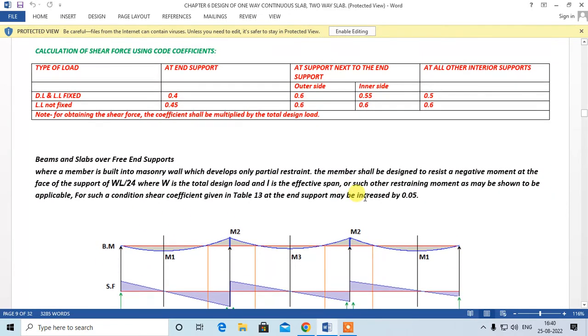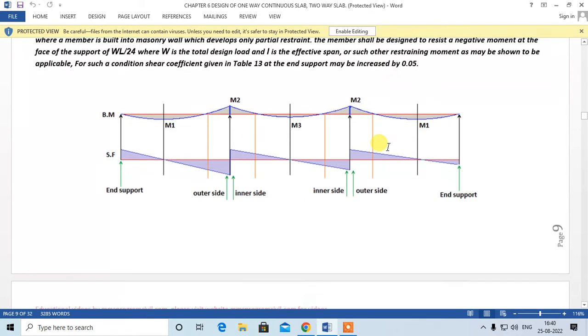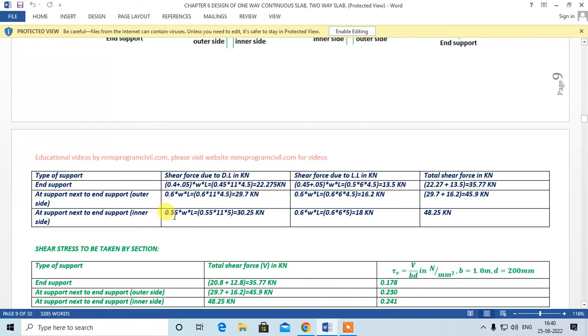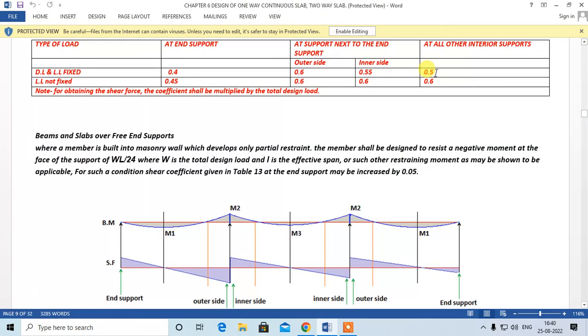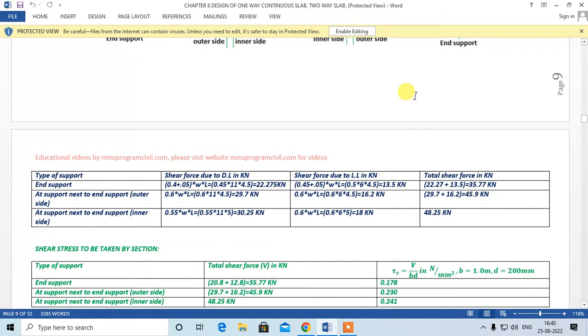Now for the inner side, it is 0.55 into dead load into span plus 0.6 into live load into span. Sorry, it's 0.5 into dead load into span plus 0.6 into live load into span.